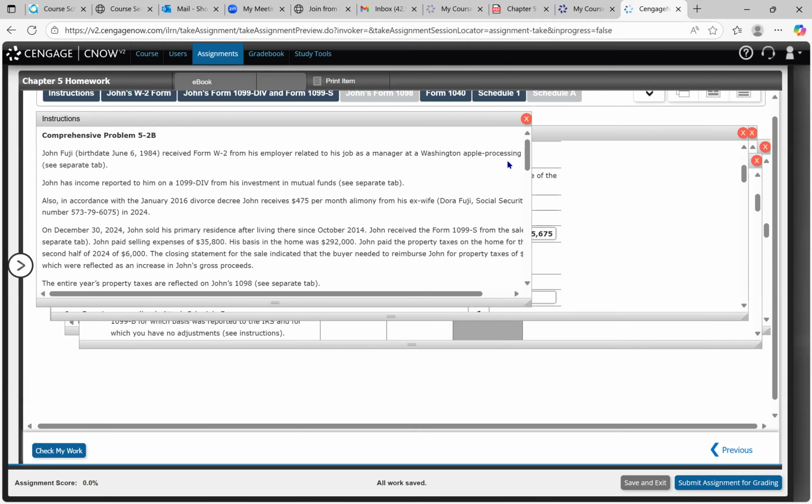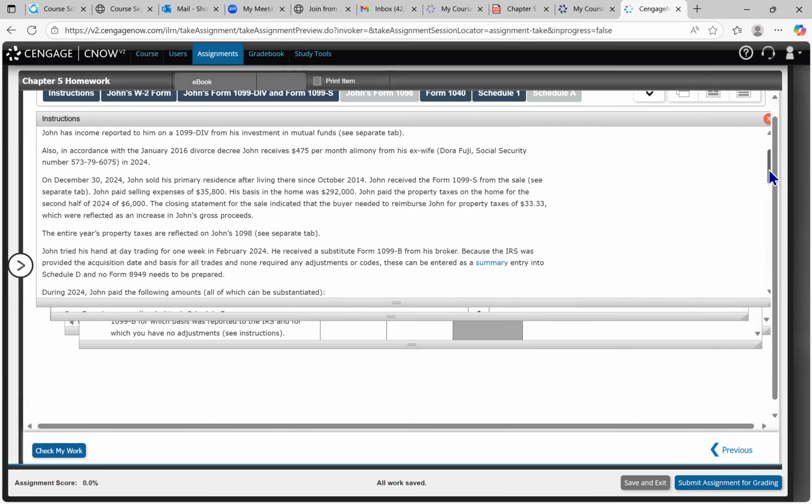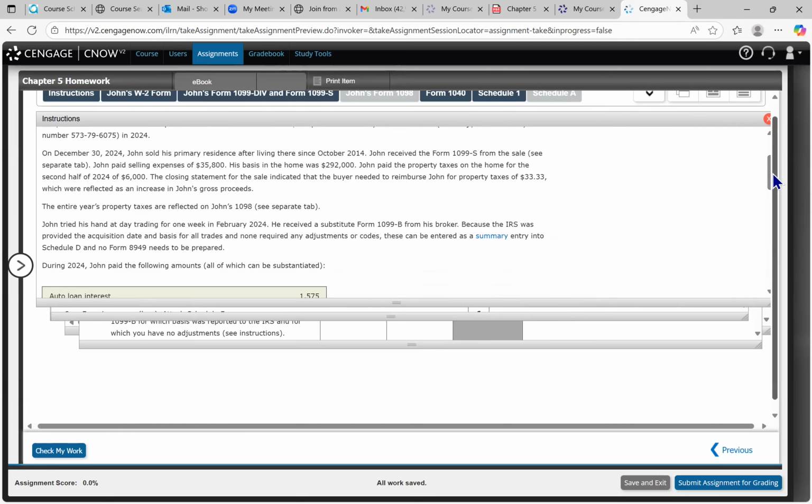Now, as we go back to more information here, he sold his primary residence after living there since October 2014. John received the Form 1099-S from the sale. John paid selling expenses of $35,800.